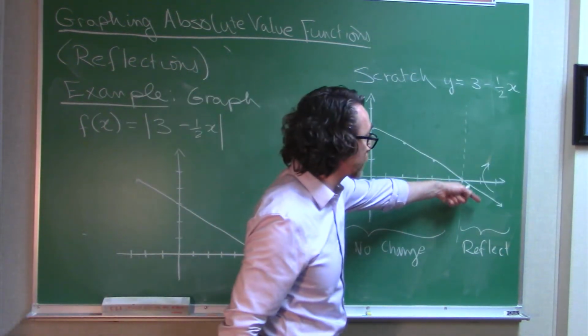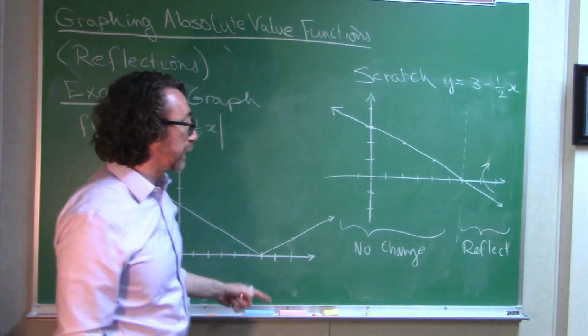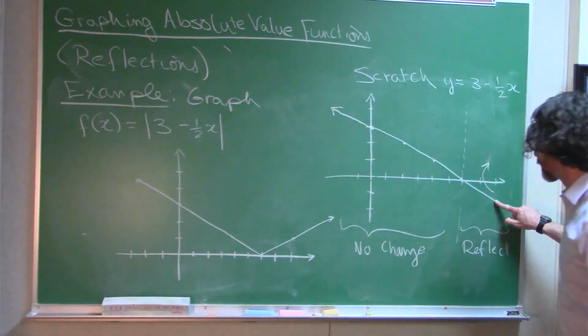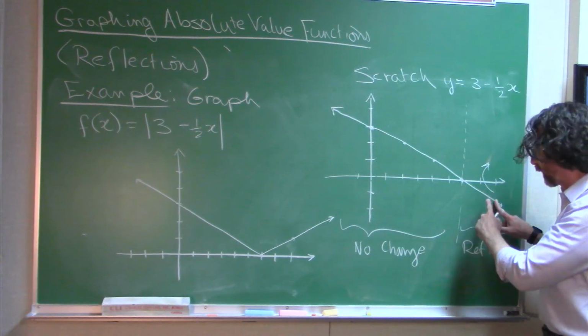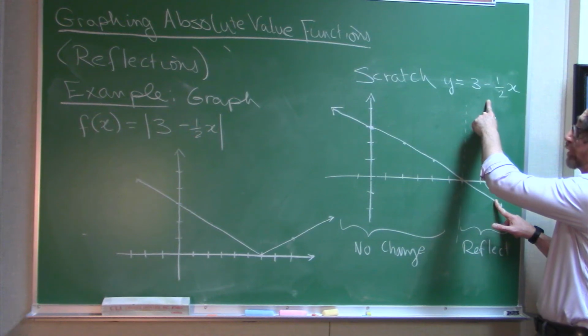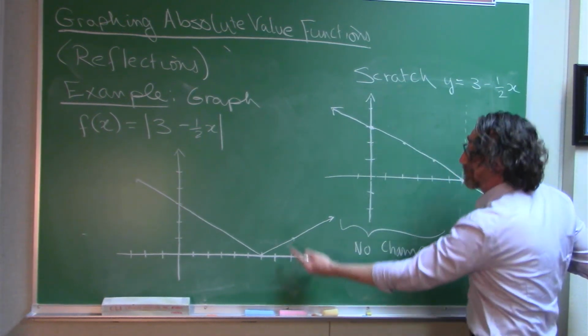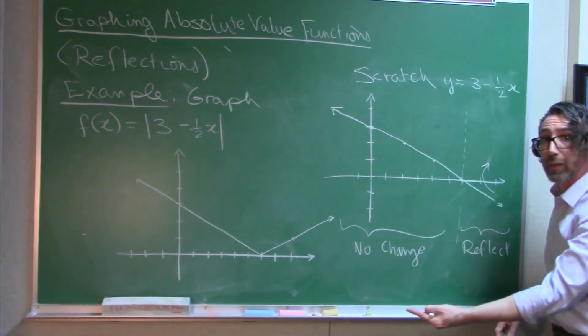You need to do a vertical mirror image because the absolute value function is going to take your negative y values and change them to positive. This point, 8 comma -1, is on the graph of the original function. This graph should have the point 8 comma +1, not -1.